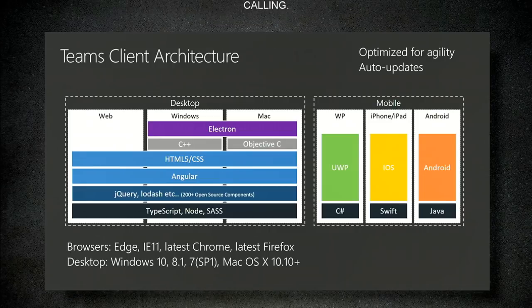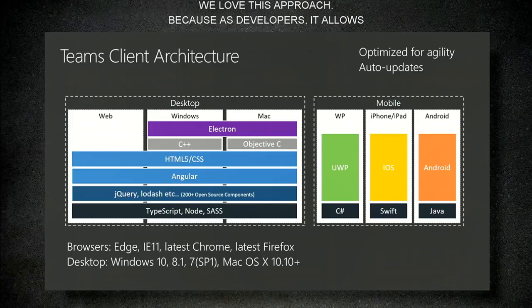We love this approach, because as developers, it allows us to release the same feature across all three of our primary desktop platforms. It means that the web folks coming on from the web get the same experience they had. If I'm at home and I use the web client, I get basically the same experience I had on my Mac or Windows machine at work.